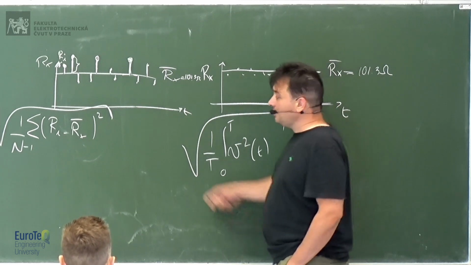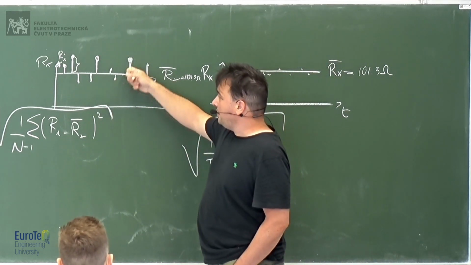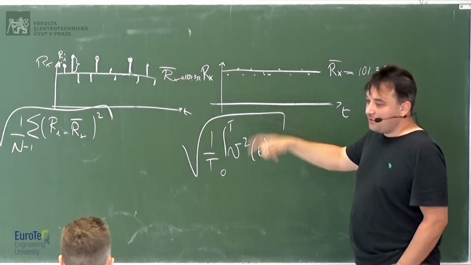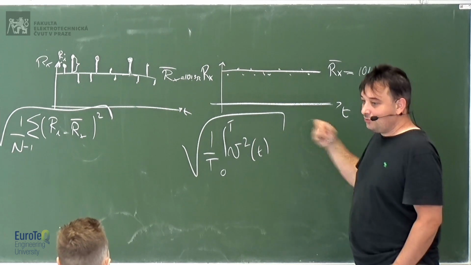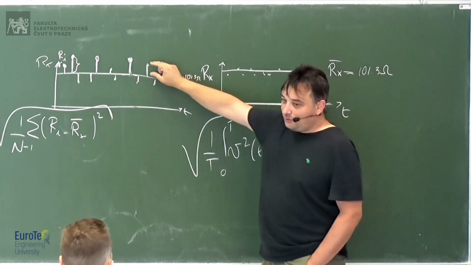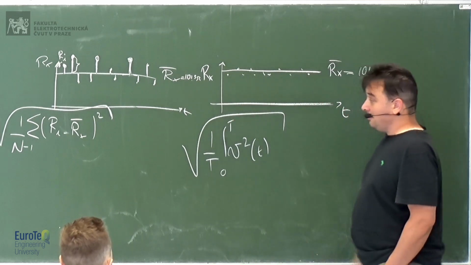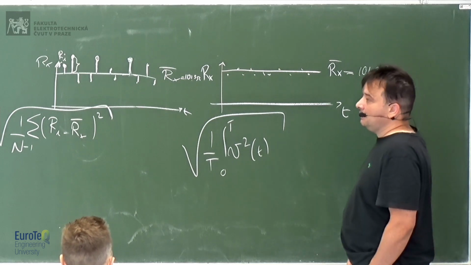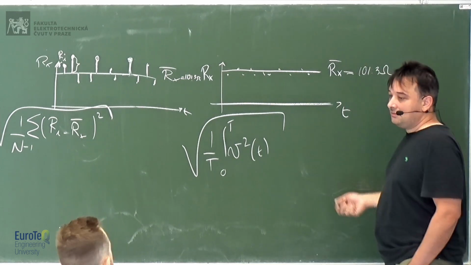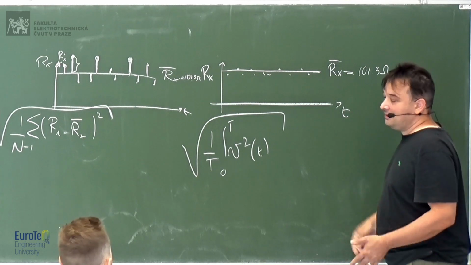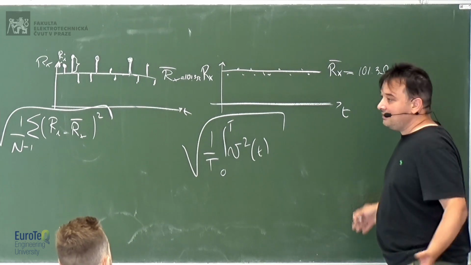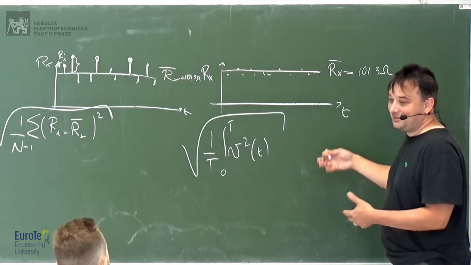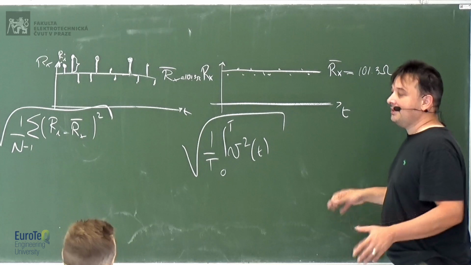Now, the reason I take the square root is that if I square here, I have ohm squared. So here I sum ohm squared, ohm squared, ohm squared. At the end of the day, I want some value in ohms, so I have to take the square root in order to have ohms back. And that's it. You don't know what is causing this scatter, but if the device is there, always the same, nothing touching anything, well, there could be some other phenomena that you don't see that is introducing some error, but whatever.